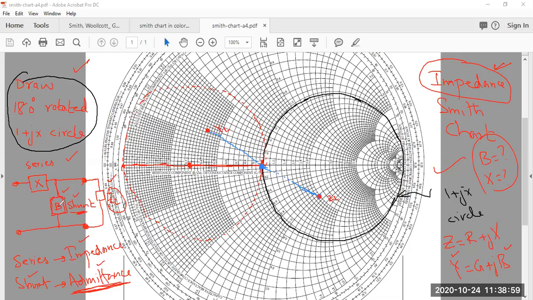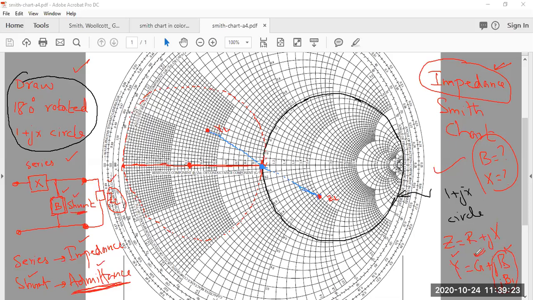We don't know the value of B, but we know that anything added to this, let's say this is B1, is only going to change the imaginary part.